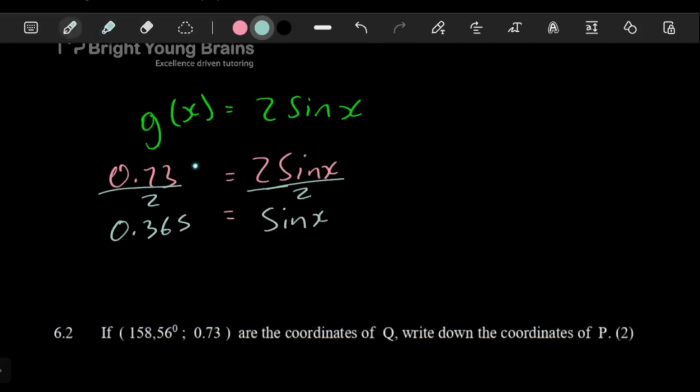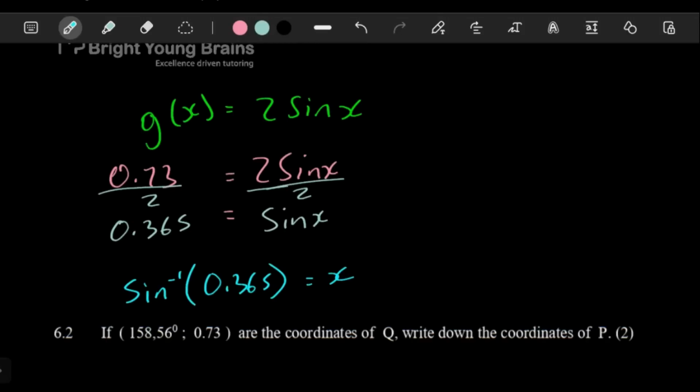Then we have to do shift sine of 0.365 equal to x, and the answer is about 21.4.